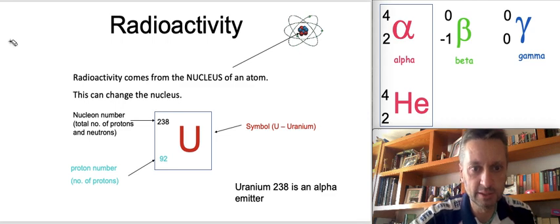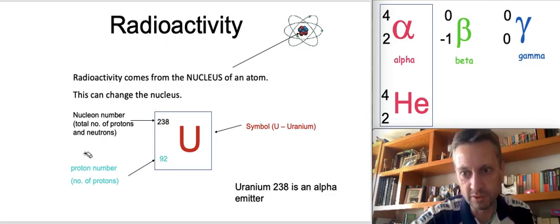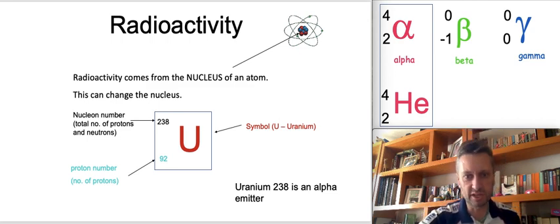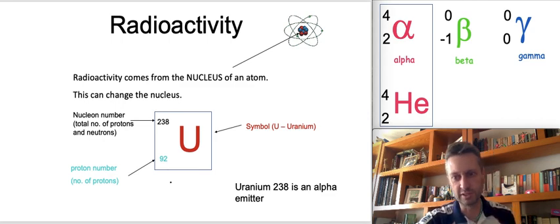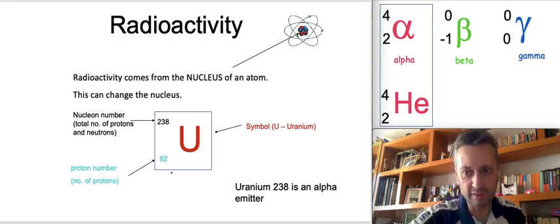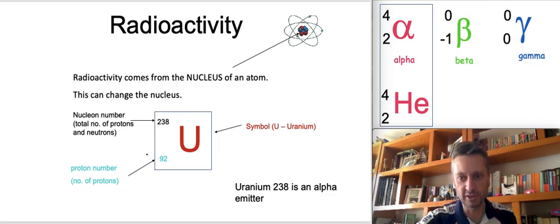In the past, they've always put the large number that comes with the periodic table on the top and the small number on the bottom on each square of the periodic table. In the latest version of the syllabus, they've switched it around so the small number goes on the top and the big number is on the bottom. I find that a bit confusing. It's the same information, but just be aware of that. I'll explain why I think the big number should be on the top, the small number should be on the bottom in a minute. And when I send you a periodic table, I'll make sure it's that way around.